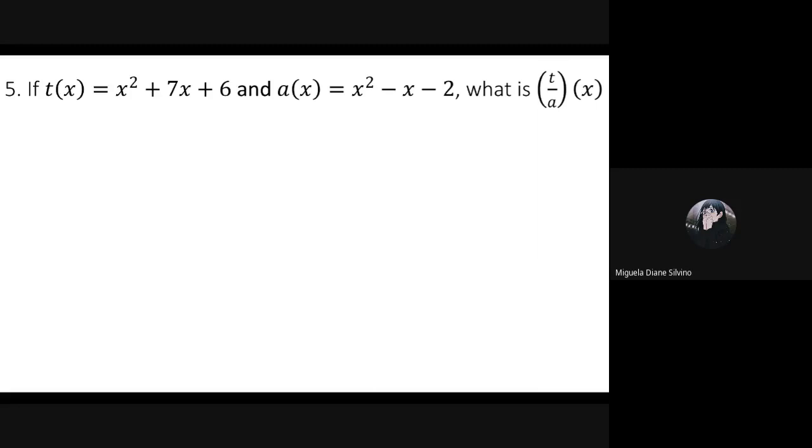So in order for you to solve that, you have to factor T of X and you also have to factor A of X.